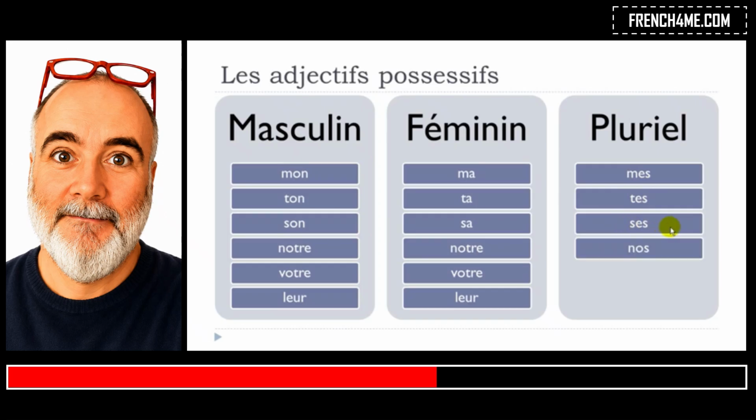And then for the plural, nos, vos, and then leur. Remember, even if you've got this final s, you don't pronounce it, as was the case already for this word, nos, you don't pronounce the final s, vos, leur. So if we see that one more time, it's mes, tes, ses, and then nos, vos, leur.